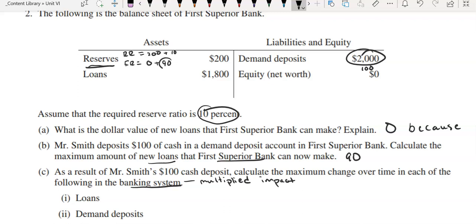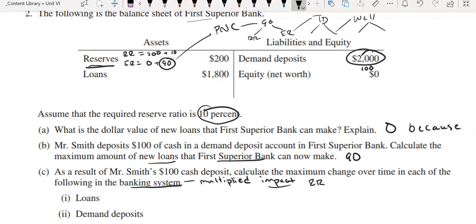Right? So when this 90 goes out, it may not go back into first superior. It might go into PNC. Right? And so PNC receives 90, keeps 10% of it, loans out the other 90% of it, right? And then that gets deposited into TD Bank, bingo bango, and then it gets deposited into Wells Fargo, and portion is saved and portion is spent, right? So it's that multiplied impact. So when we're talking about multiplied impact, we need to use our friend, the reserve requirement multiplier.